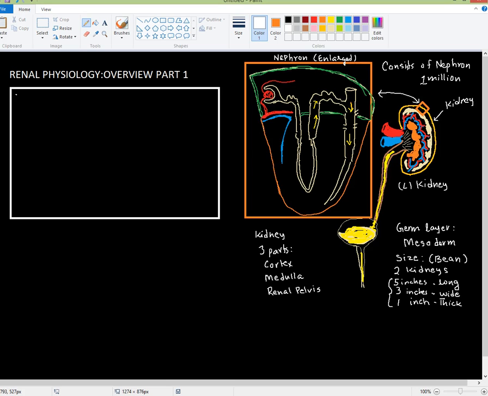Cortex is the outer or superficial layer, and medulla is deep seated, deeper. And the renal pelvis, its function is basically to collect the urine. First it collects the urine and then sends it to the ureter.